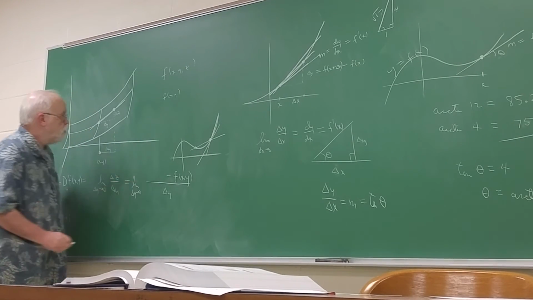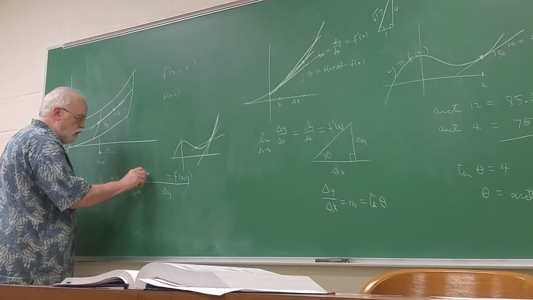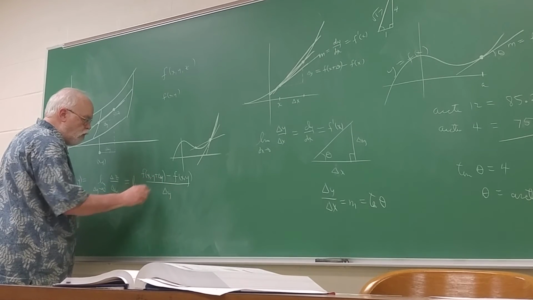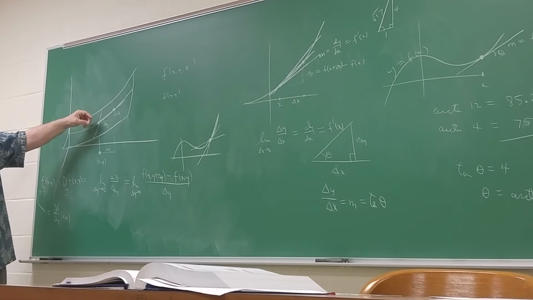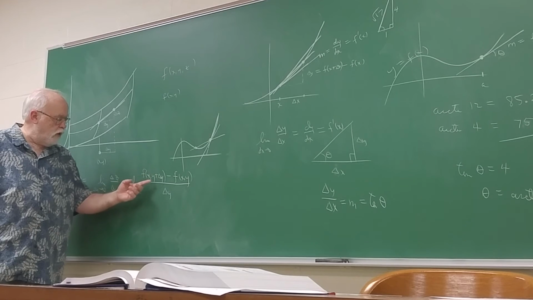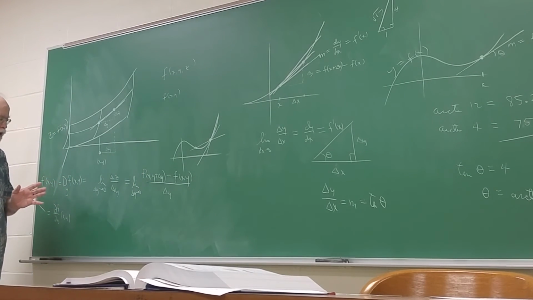And what's this other one? f of x comma y plus delta y. We're only changing one coordinate at a time. So when I want to do the x partial derivative, I'm changing x. Delta x will be non-zero, but delta y would be 0. And here, delta y is non-zero, but delta x is 0. So we keep the x constant, and that's the key to doing the computations.